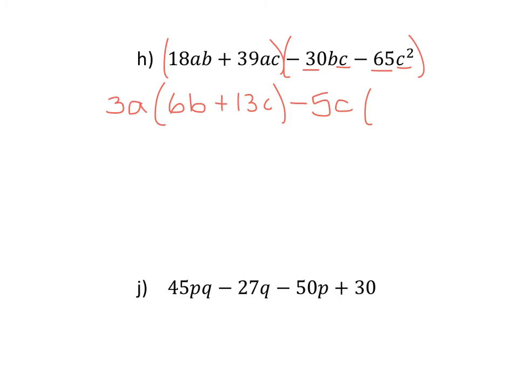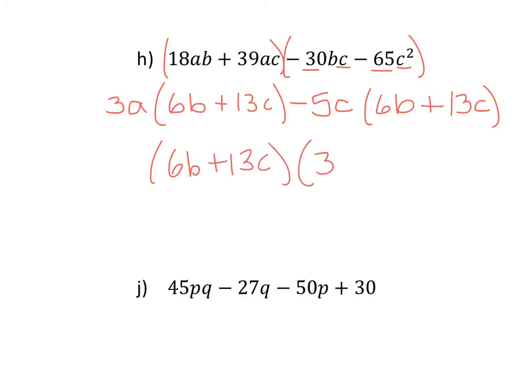So -30bc becomes 6b, positive, and the next term also becomes positive because I pull out that negative, 13c. So your common binomial is 6b plus 13c, and your leftovers are 3a minus 5c.